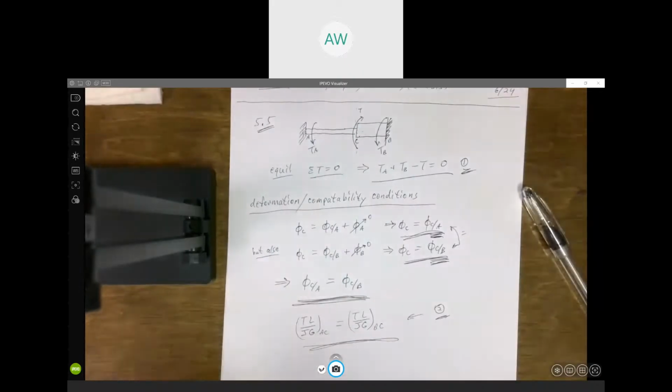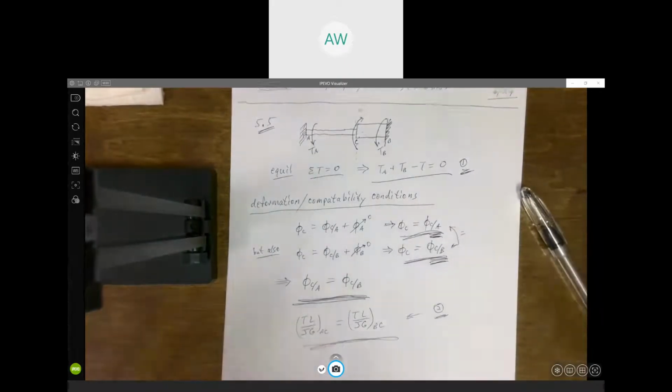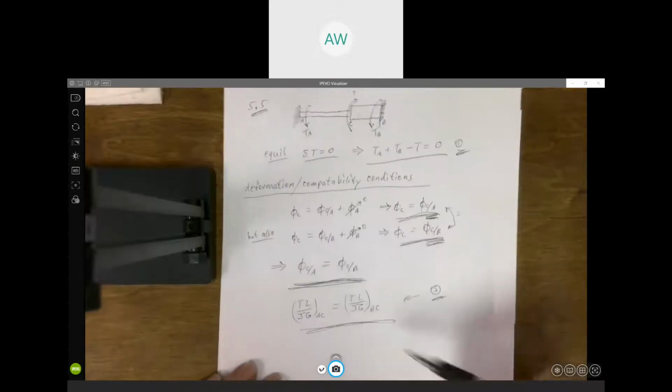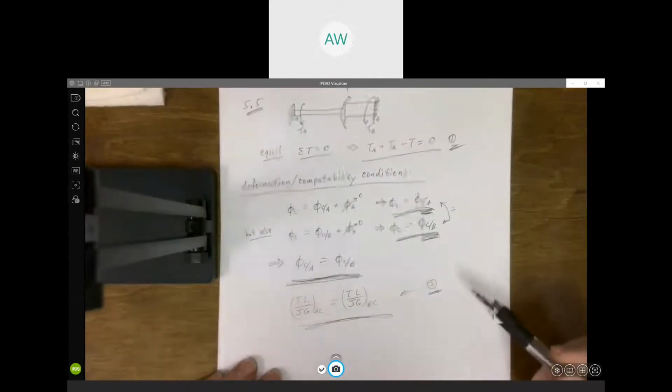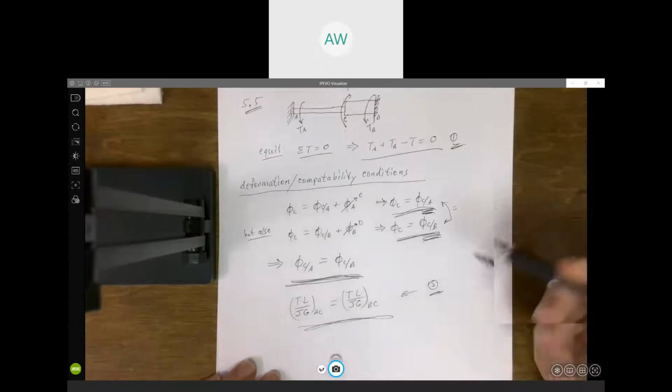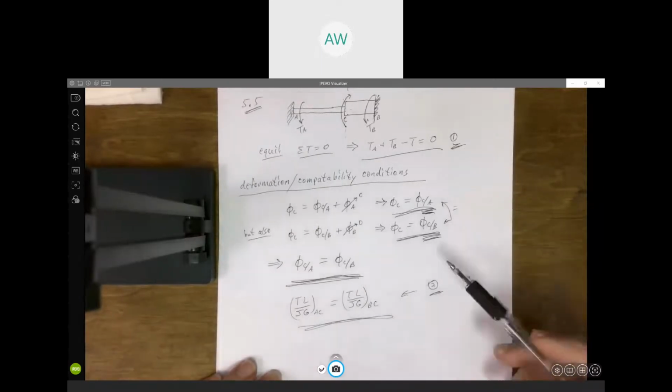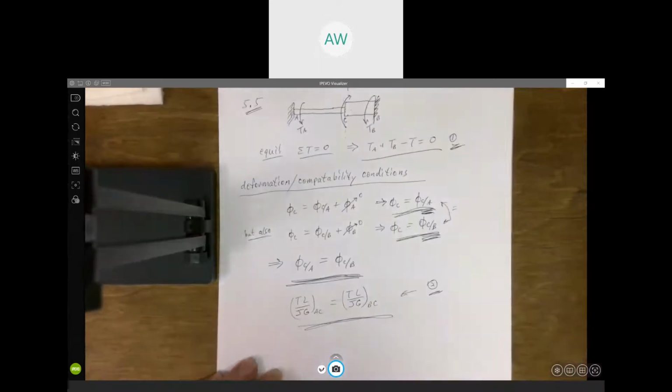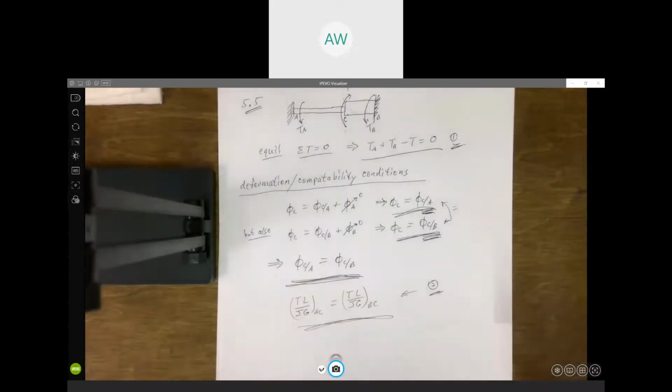That's where we get our second relationship, from what we know about angle of twist being equal to TL over JG. That gives me a second equation with those two unknown torques in it. That's basically the process we're going to follow for all of these statically indeterminate problems.